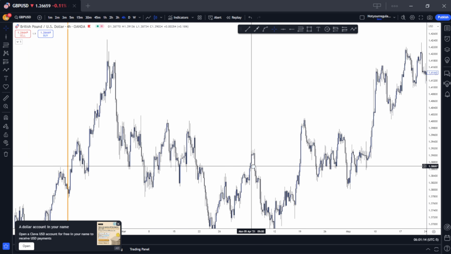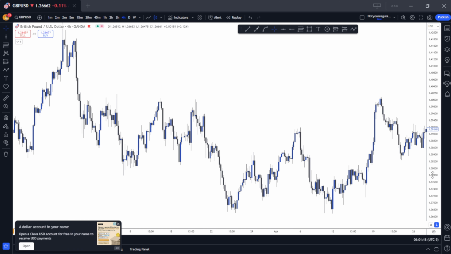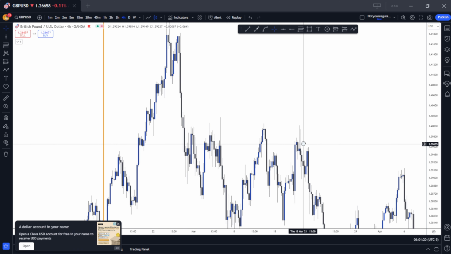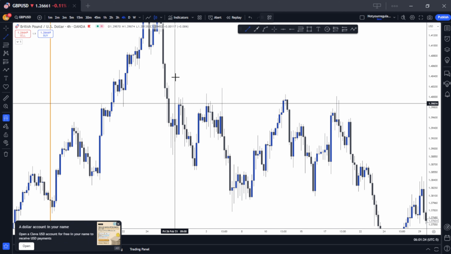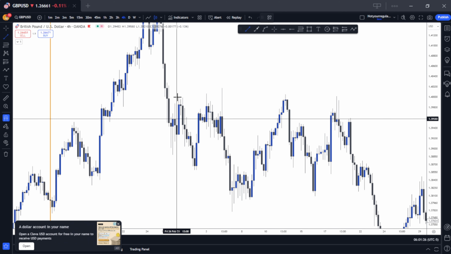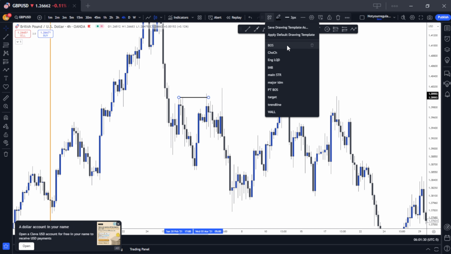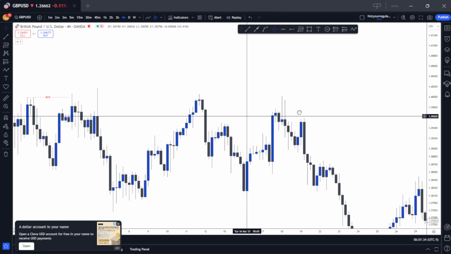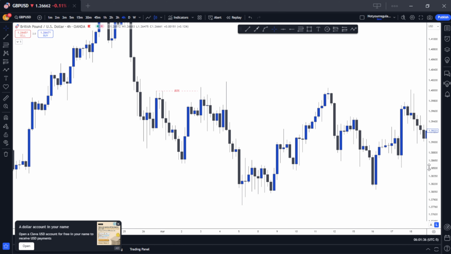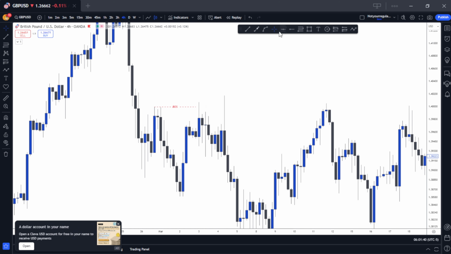For example, some traders will say, okay, we broke structure right here. Market has given us a BOS here, so I'm looking to start buying.